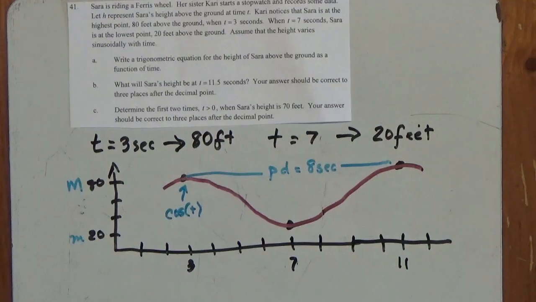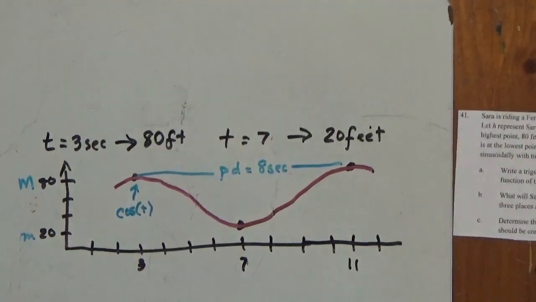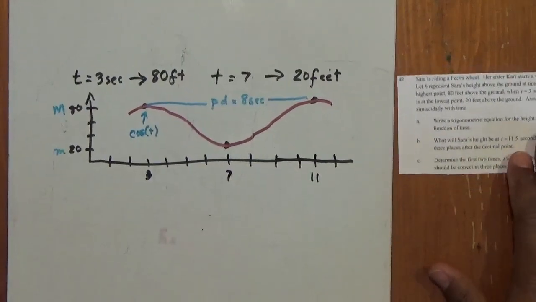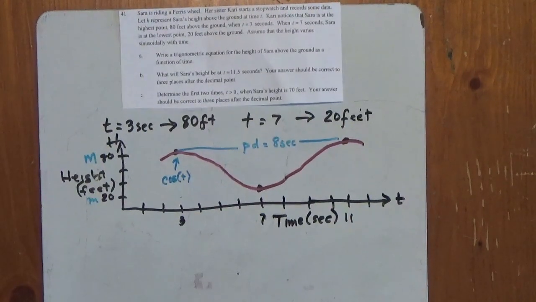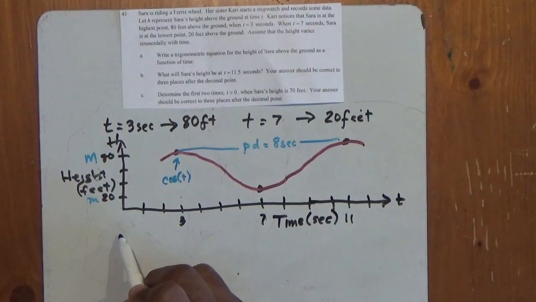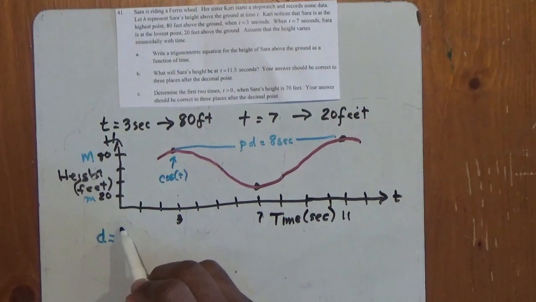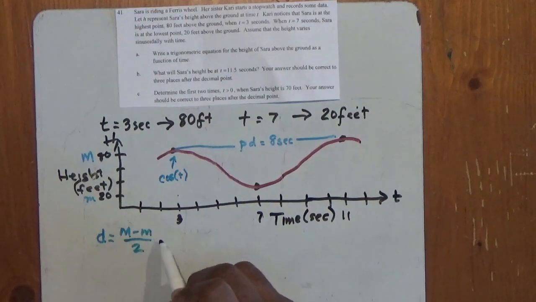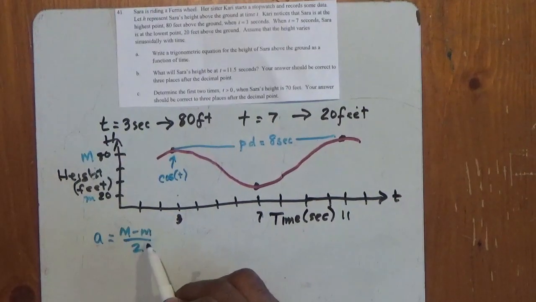Because they're asking for our equation, we want to give them an equation. From what we have here, let's get the trigonometric equation. A is equal to M minus m over 2.